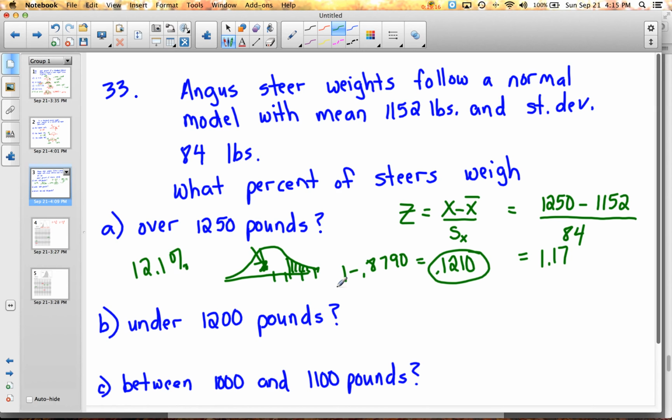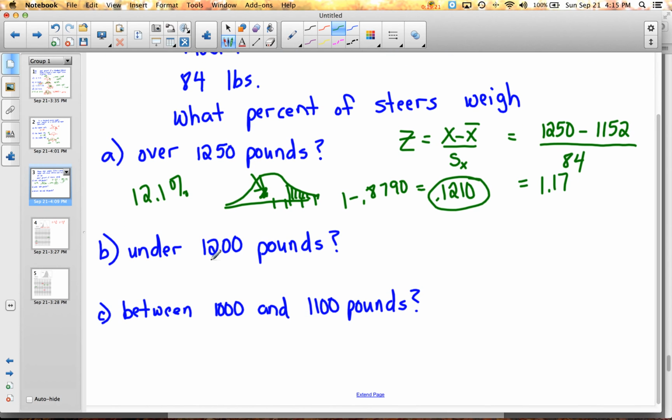For the next one, under 1,200 pounds, find a z-score. So we're going to take z equals, x is 1,200, our mean is 1,152, and our standard deviation is 84.